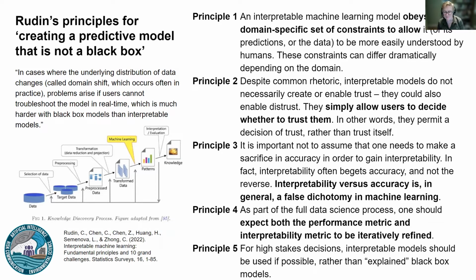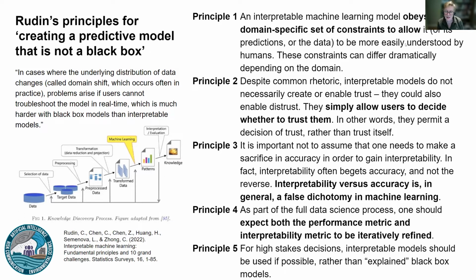Go for both. Principle 4, as part of the full data science process, it's important to expect both the performance metric, in other words, how you're thinking of how well the model is performing, and the interpretability metric, how well people are understanding and have insight into the model, to be iteratively defined. So both of these will change over time.